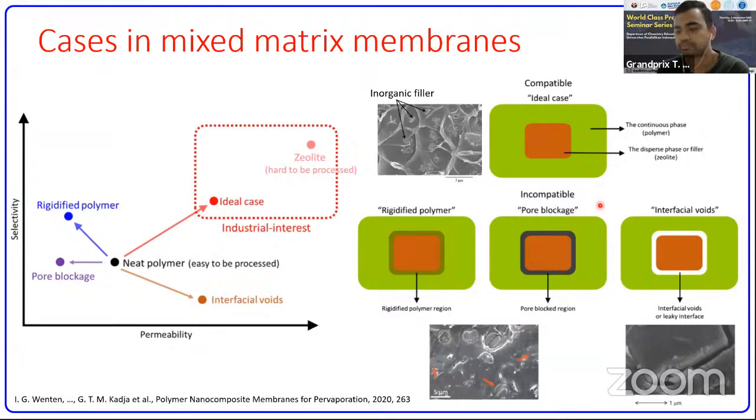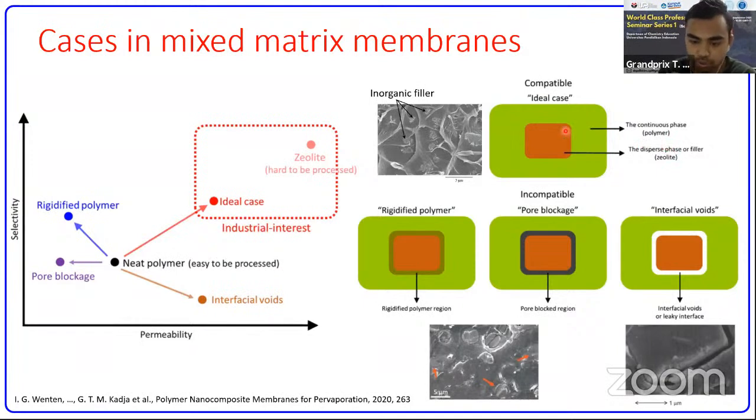Here we can see that if we combine the inorganic filler with the polymeric membranes, the ideal case will be like this. The continuous phase, the polymer phase, will interact well with the dispersed phase, or the inorganic filler.